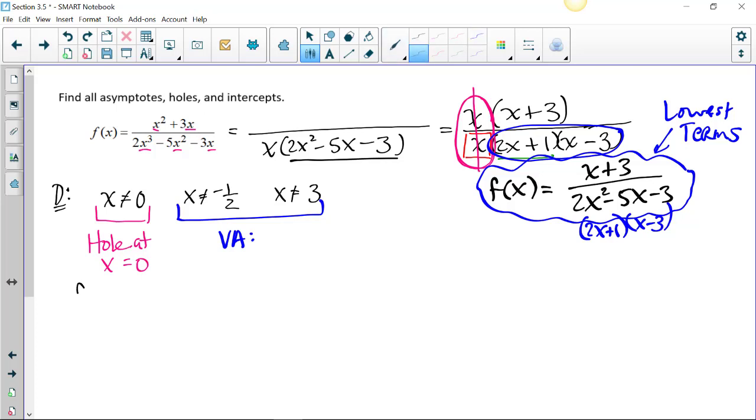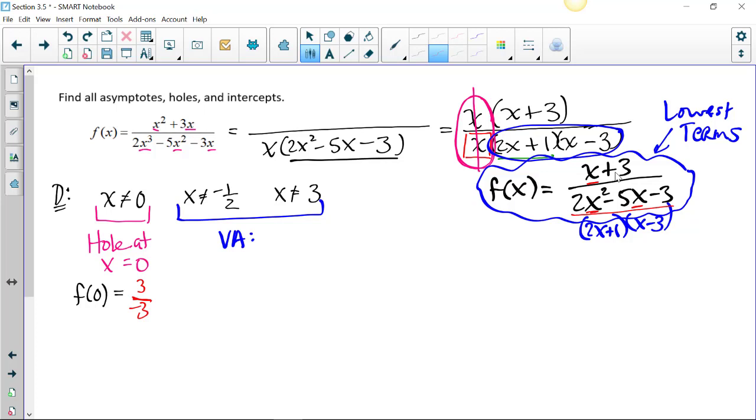So the hole in the graph, then that means I'm going to plug 0 into this function. That's where I like this version because it's easy to put 0 in here. 0 here gives me 3 on top. 0 here and here gives me -3 on bottom. So if you remember in a polynomial, the constant term was the y-intercept.